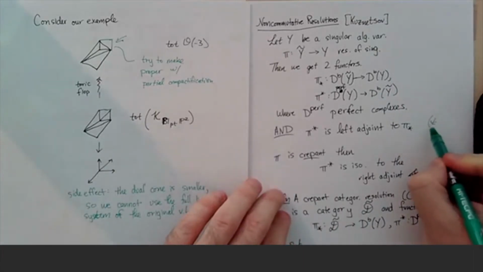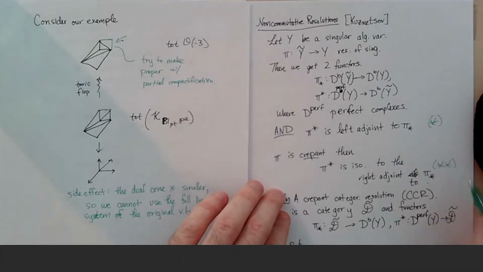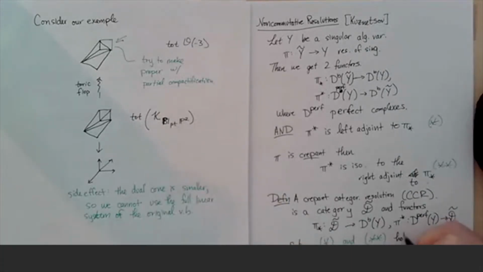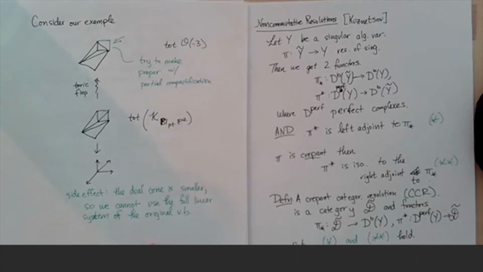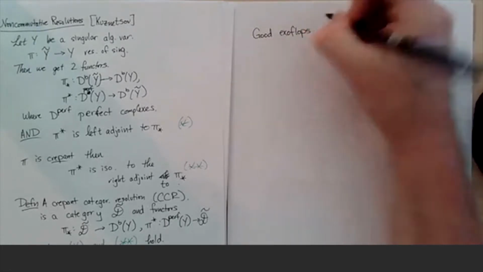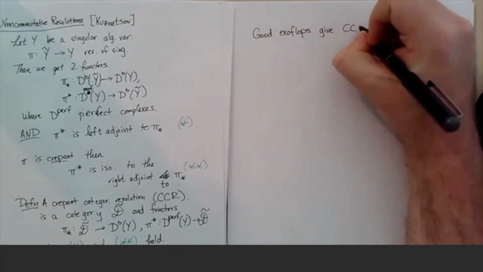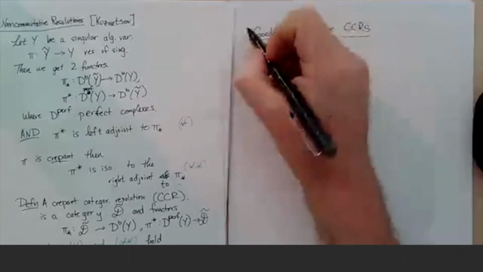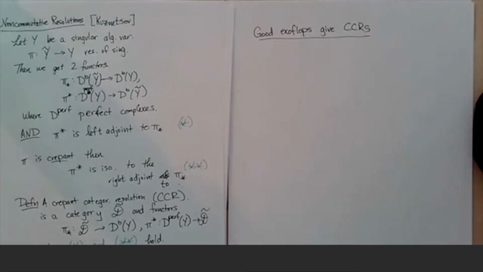So star and double star. Okay. And the main thing that I want to say is that good exoflops give CCRs.